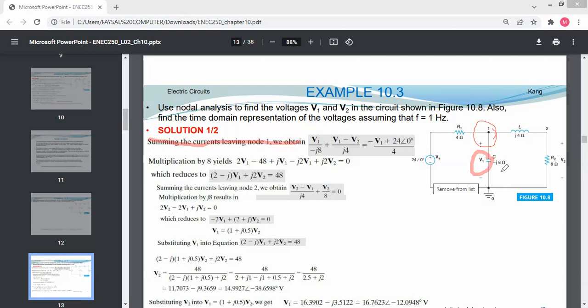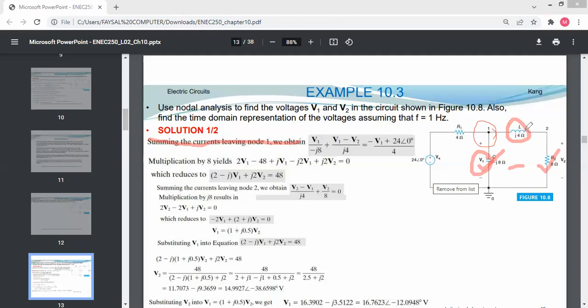Then V1 minus V2. The parameter involved in the subtraction of V1 and V2 is the impedance value L, so the value of L is J4 ohm.